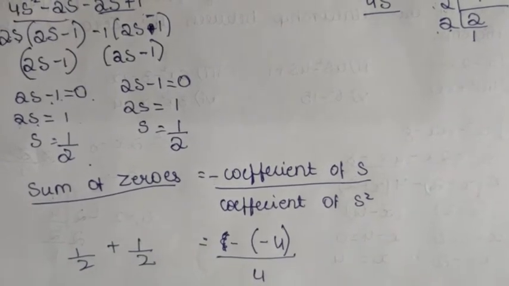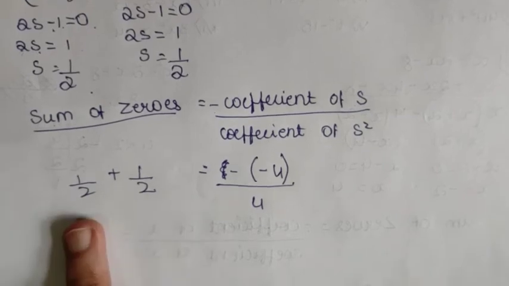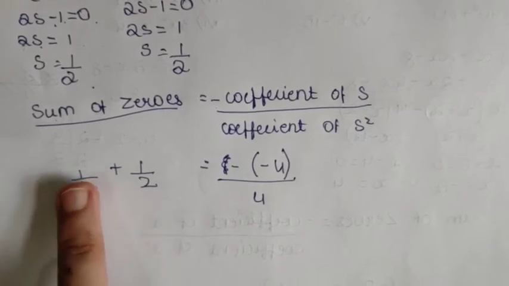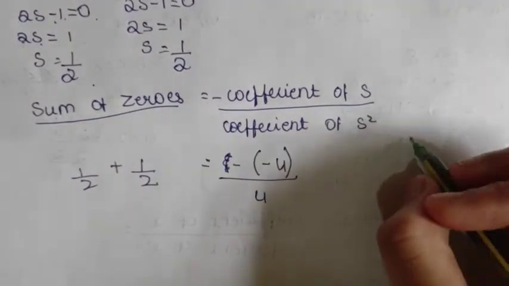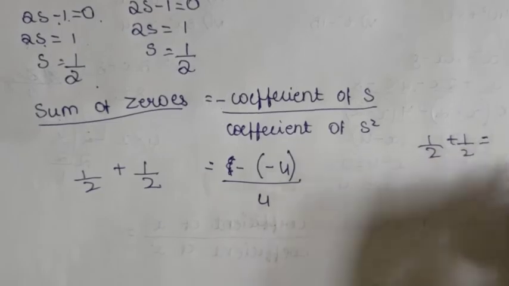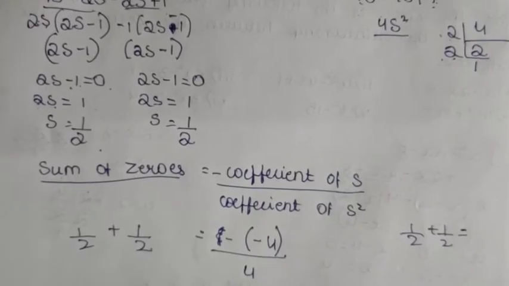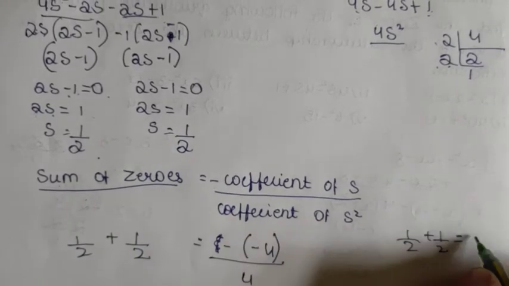Now see that 1 by 2 plus 1 by 2 is nothing but half plus half, which is 1. So that becomes 1.